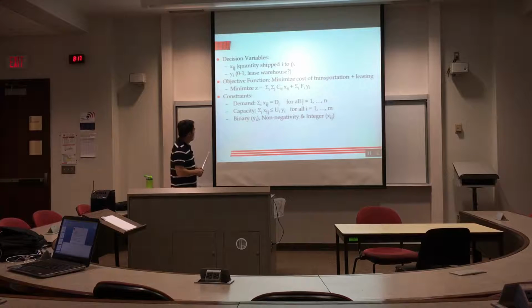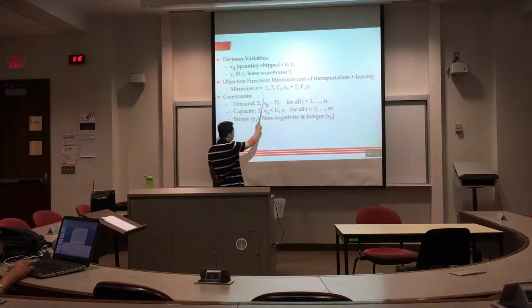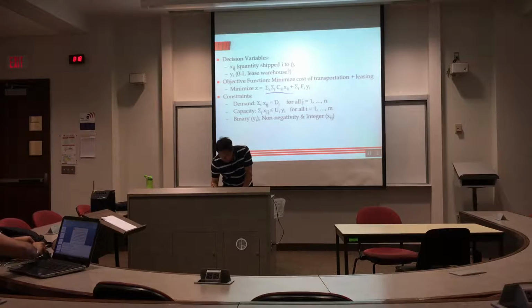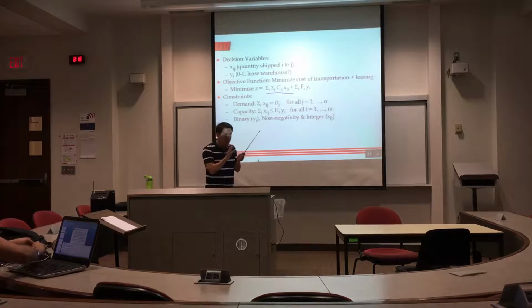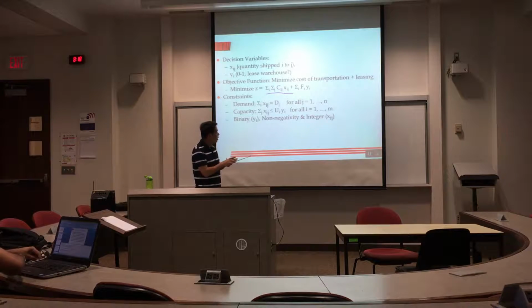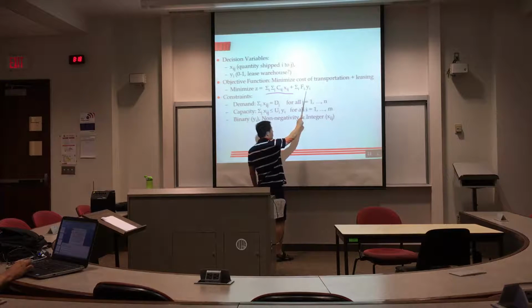And you want to minimize the cost of transportation and also leasing. This term, as we know, uses notation to write the transportation cost, but then we also have the leasing cost.